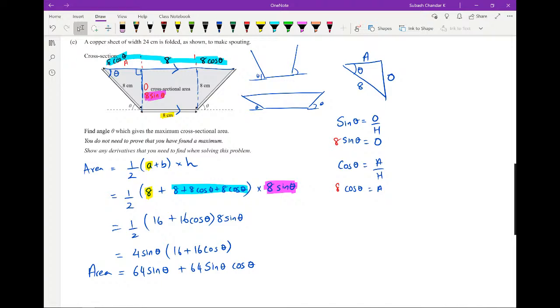What I mean by double angle is this part here. See this sine theta cos theta, I can get rid of it. The reason I can get rid of it is because of this thing here.